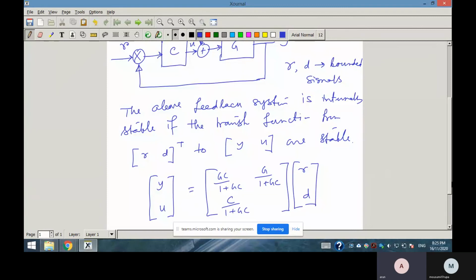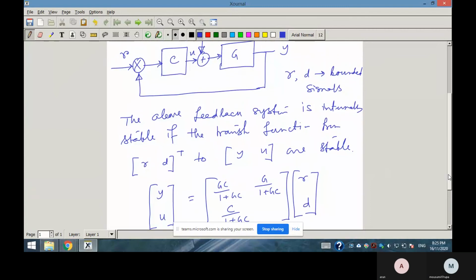What is your U by D transfer function? One by one plus GC.